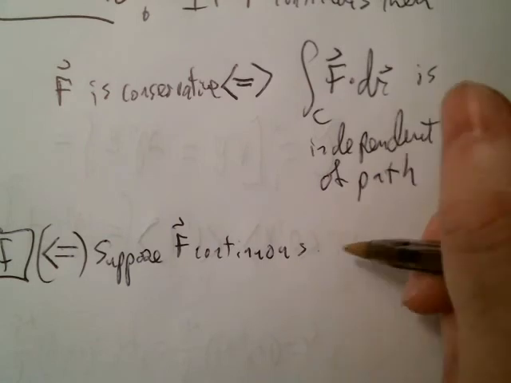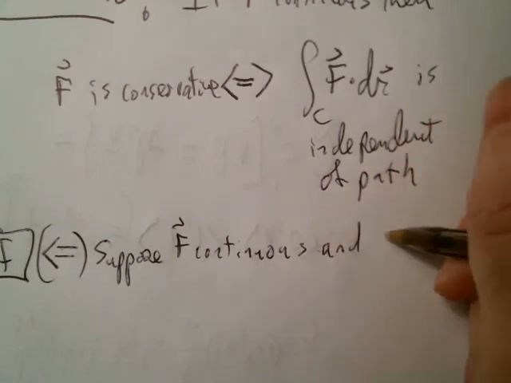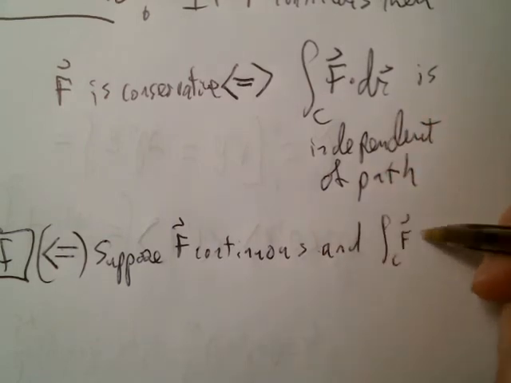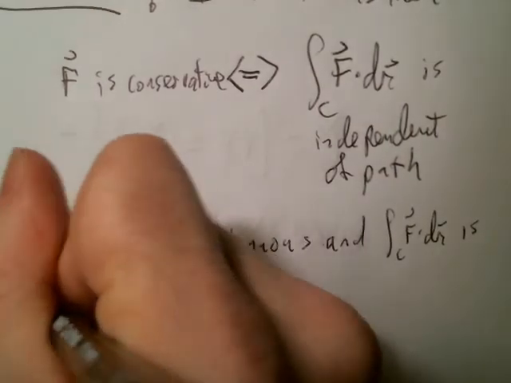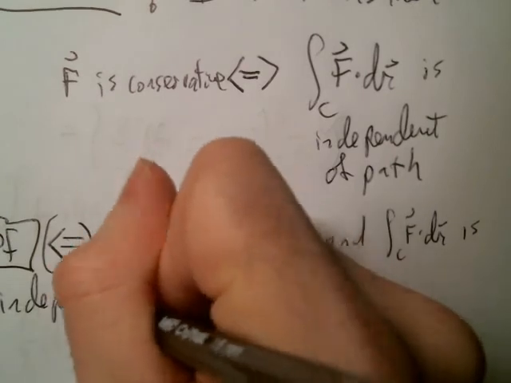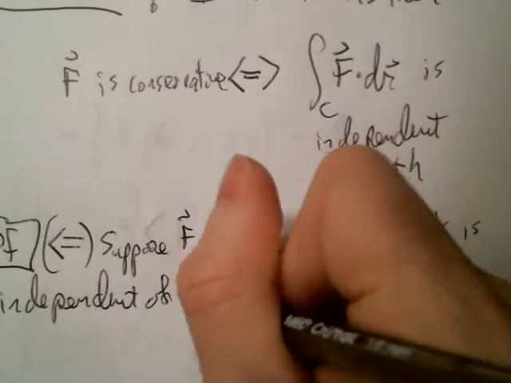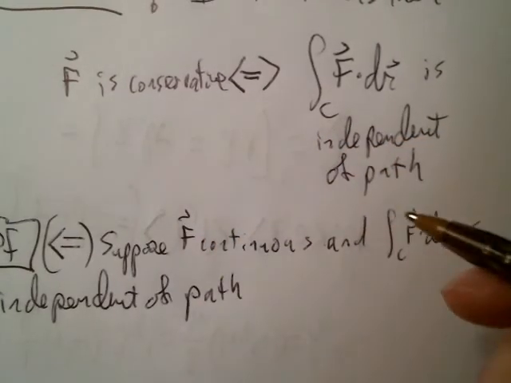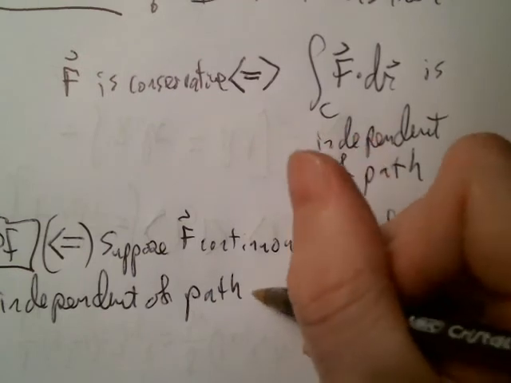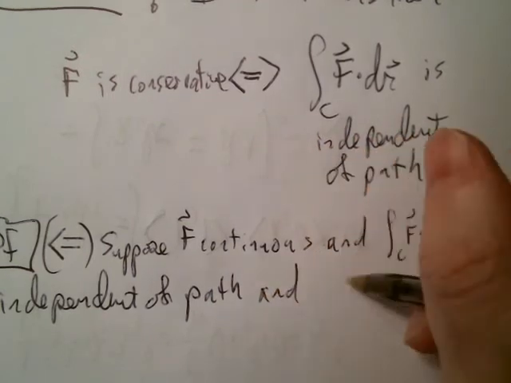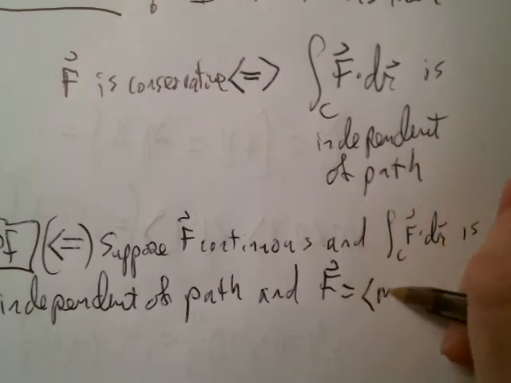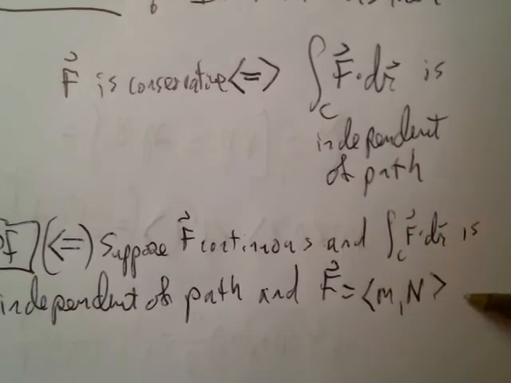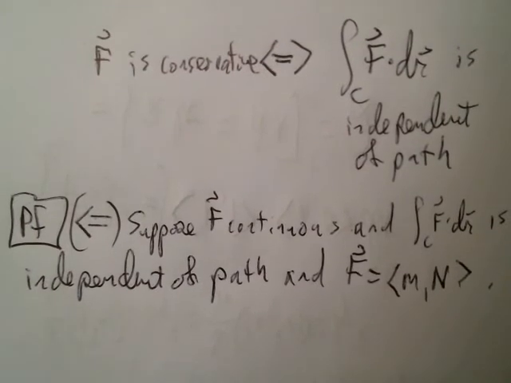This line integral is independent of path. Let's instantiate the vector field. Let's call it M, N.